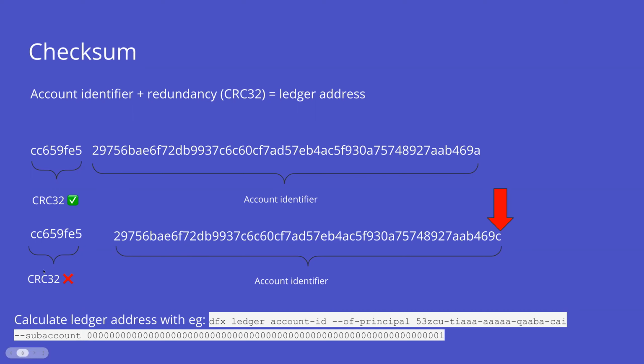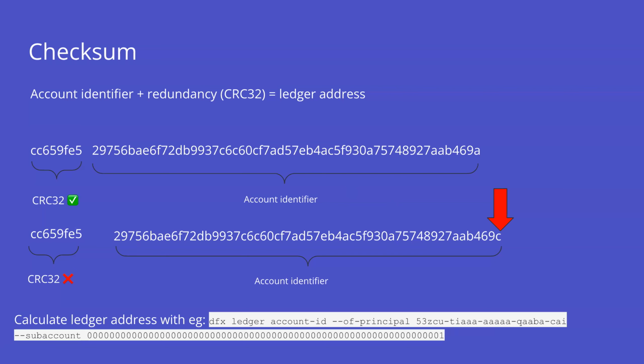And when you then try to send a transaction, it will fail because the checksum is incorrect. So this is just to protect from accidental mistakes. Because obviously, if you accidentally change the ledger address, then you won't be able to access your ICP anymore.